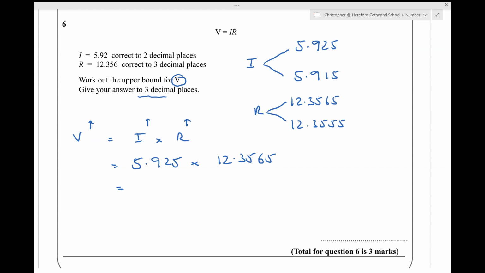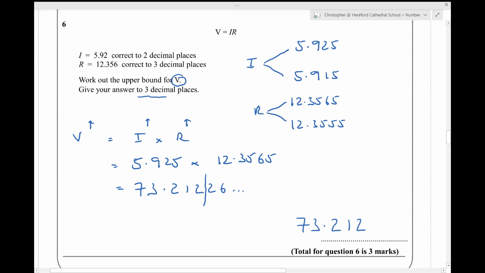So that gives me 73.21226, and so on. Now to 3 decimal places, my answer is going to be 73.212, because of course it doesn't round up in this case. That's number 6 done.